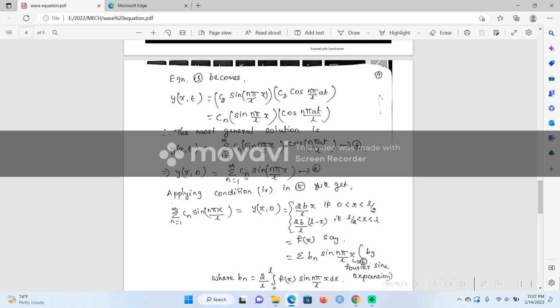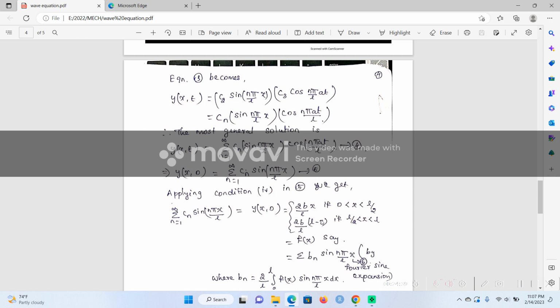We rearrange this format, so right is changed into left, and left is changed into right. Y of (x, 0), by the boundary condition, is split into these two formats. It is in terms of x, so we can say this is a function of x.